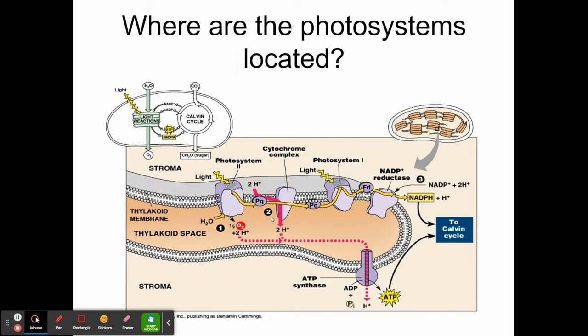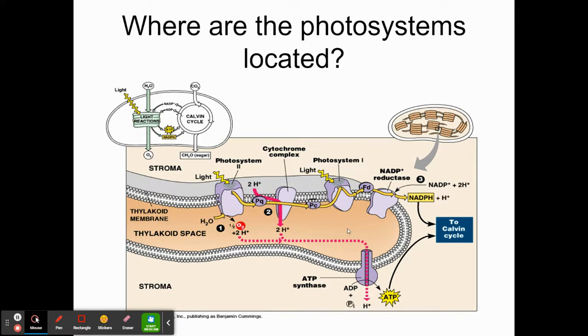And it's only made possible because of this compartmentalization that we see in the chloroplast and in the mitochondria, where different areas are separated by a phospholipid bilayer that is going to prevent the movement of protons simply via diffusion through the membrane. Because they have a charge, they cannot go through that hydrophobic interior.